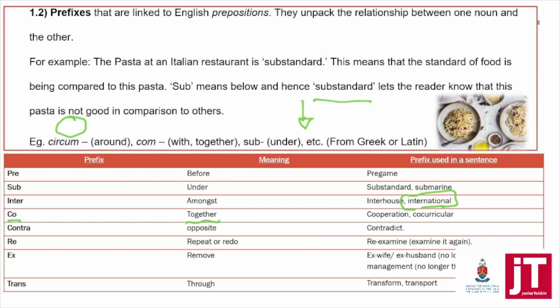Contra is showing that the opposite is happening. Re means repeat. Re means redo. Okay, it means that you do it over and over and over again. It is not the first time. Have a look at re-examine. Re-examine means I will go back and I will have another look.